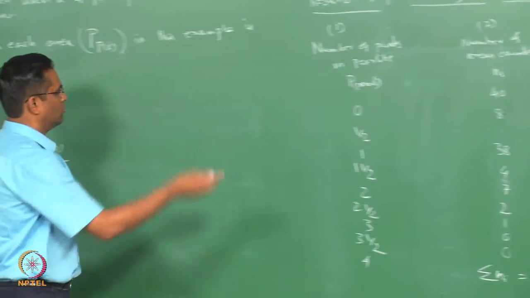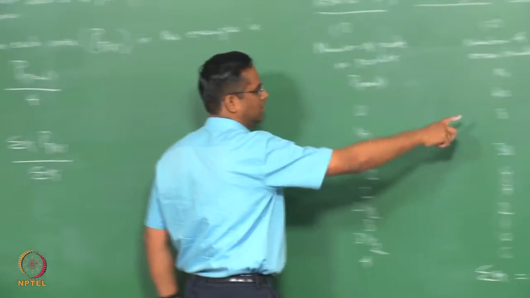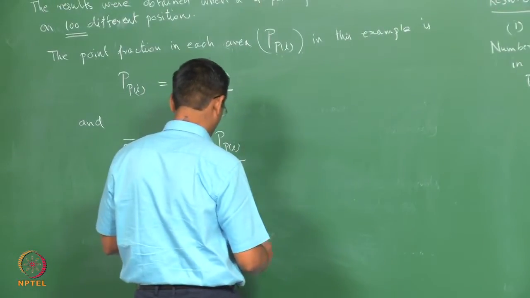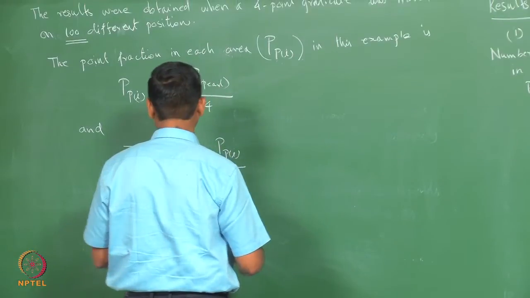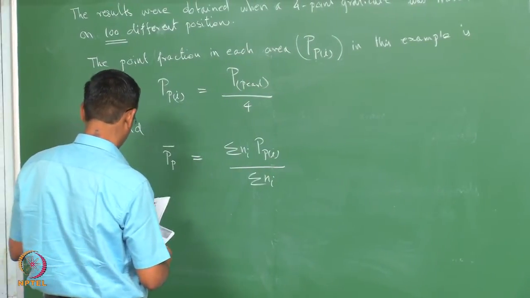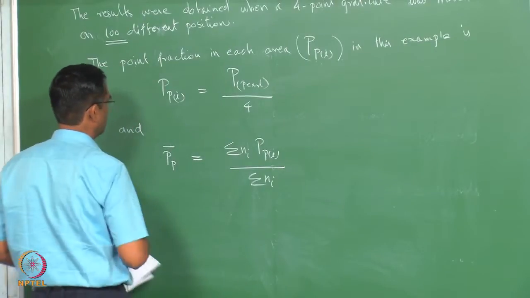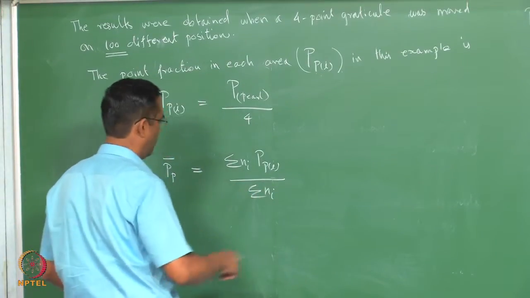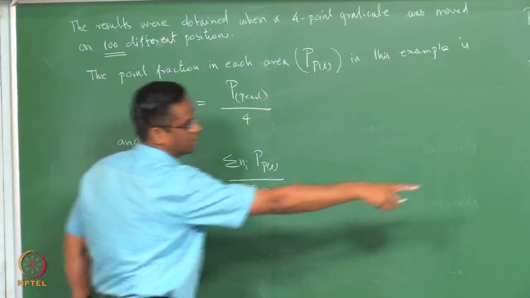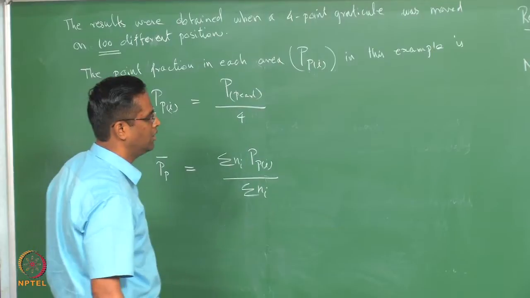Now I will also write how we get each of these. The first one, the point fraction, is taken from this, and the average PP is taken from this. So, you have this sigma Ni is 100, and sigma Ni PPi is also available in the table.